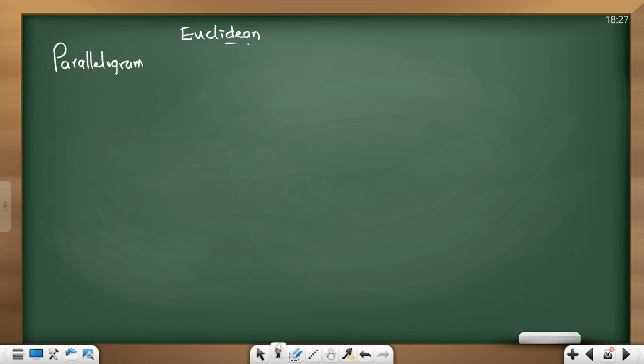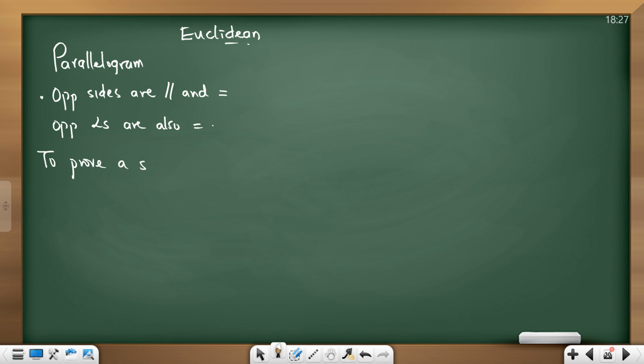What are the properties? You said what? Opposite sides are what? Parallel and equal. Opposite angles are also what? To prove that a shape is a parallelogram, we use triangles most of the time.